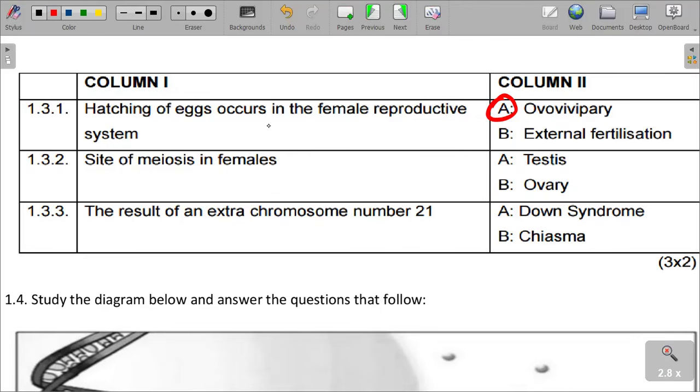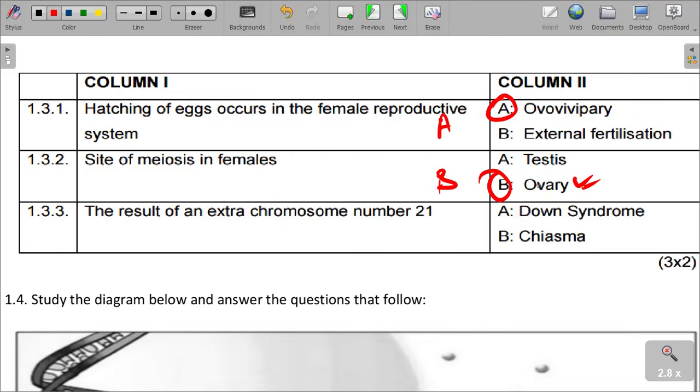Then the site of meiosis in females: in the female, meiosis occurs in the ovary, which is B, which is A, of course.